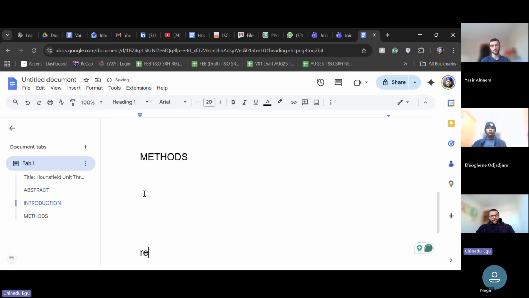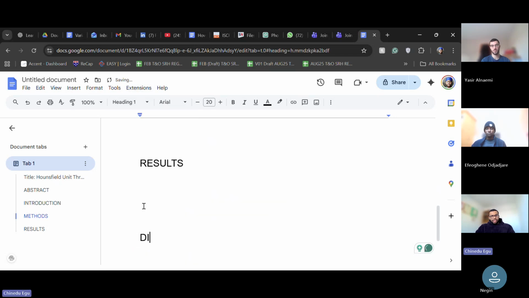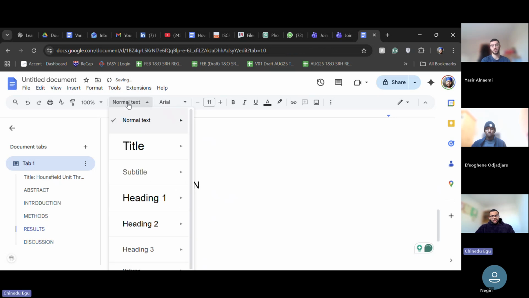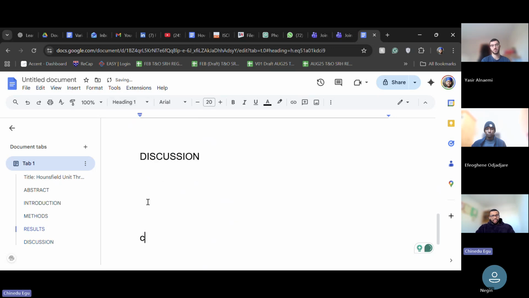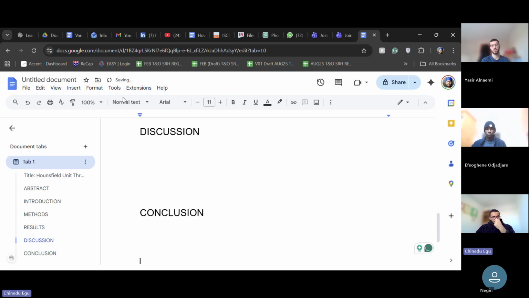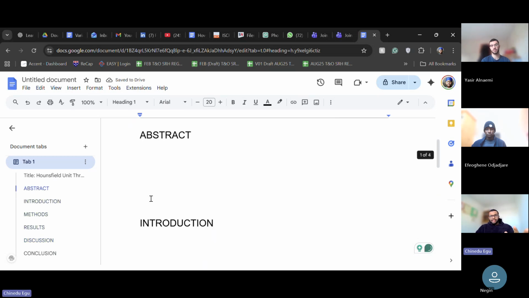And go on to results. Discussion. You talk about your conclusion. And then you talk about your references. Good. So in this way, you've itemized the schema of your paper.